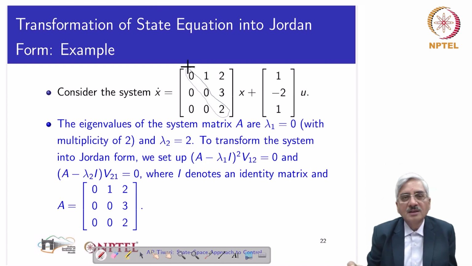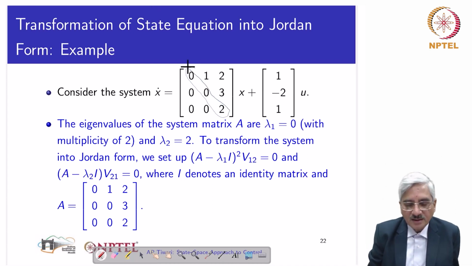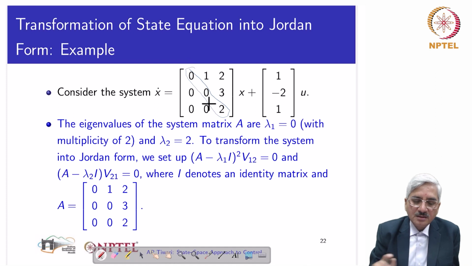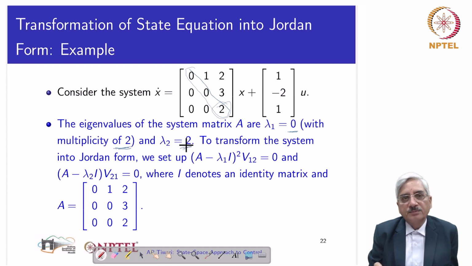This example I have selected such that it is very easy to see that the eigenvalues are 0 with a multiplicity of 2, and 2 only one time, no multiplicity, no repetition.